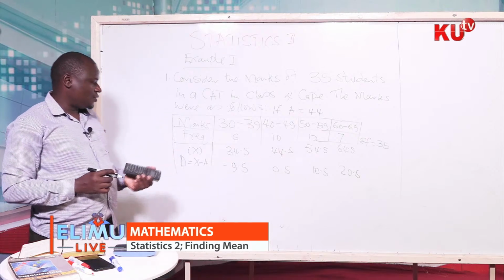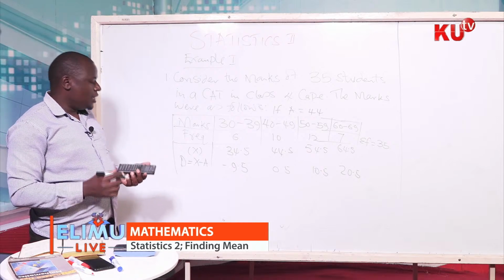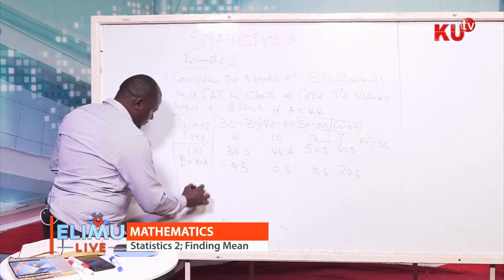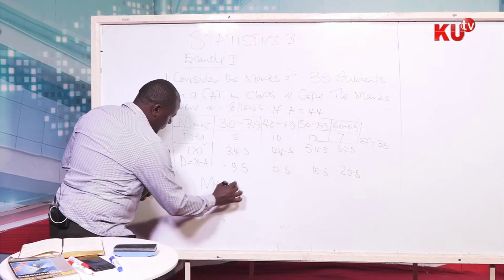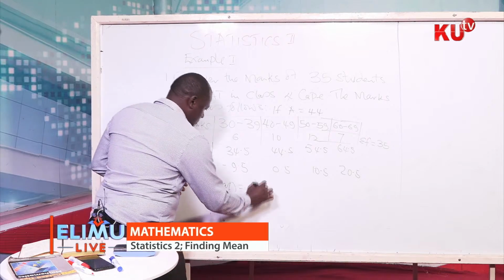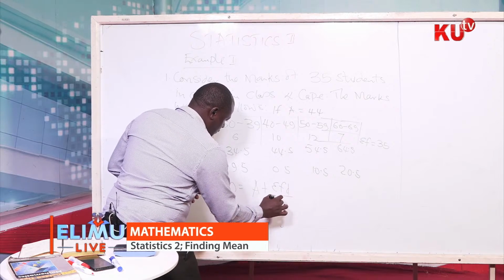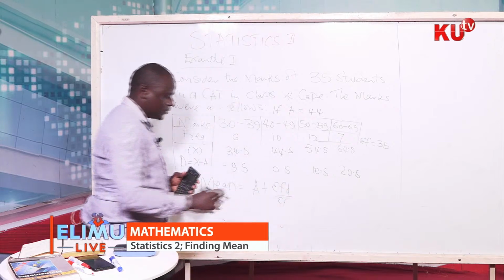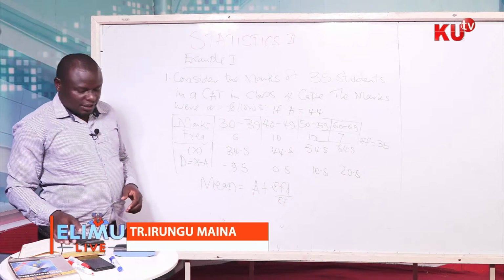Once we have deviations, now how do we get the mean? Mean is given by assumed mean plus summation of FD all over summation of F. I can say that again for the purposes of writing.